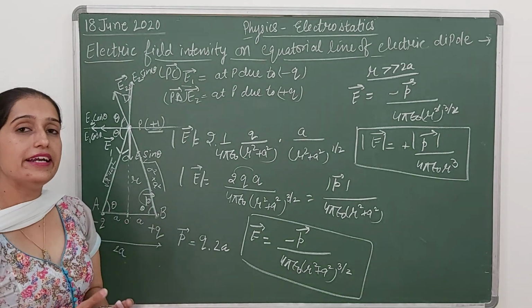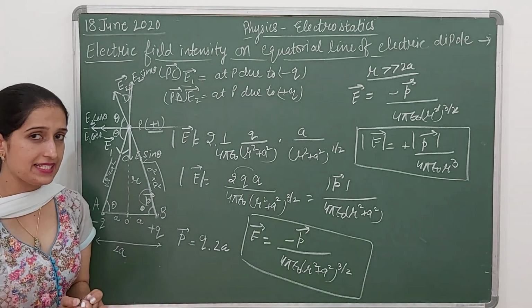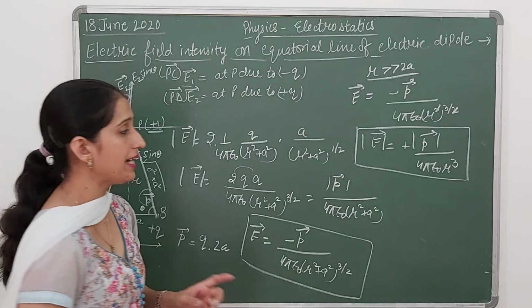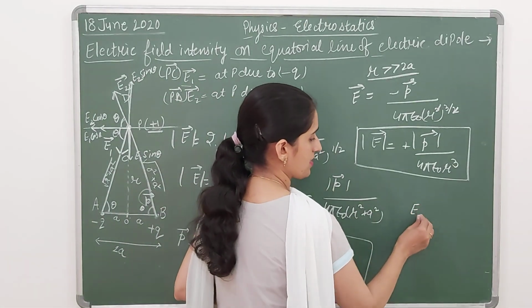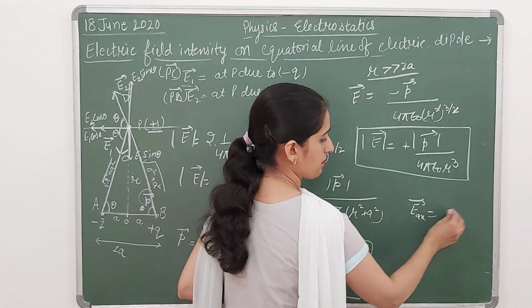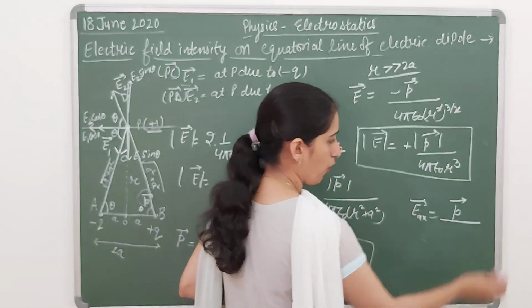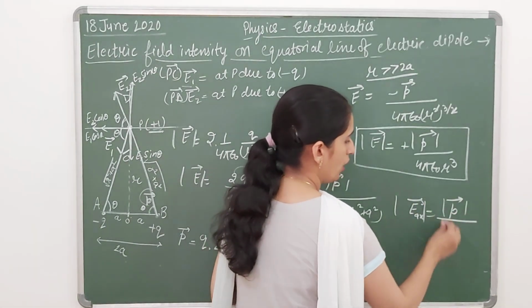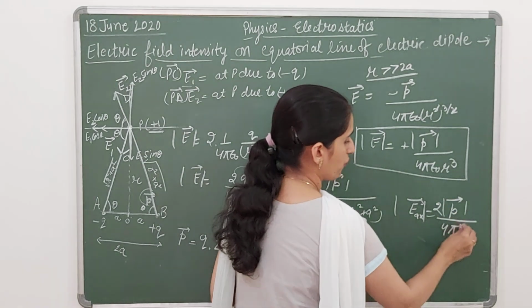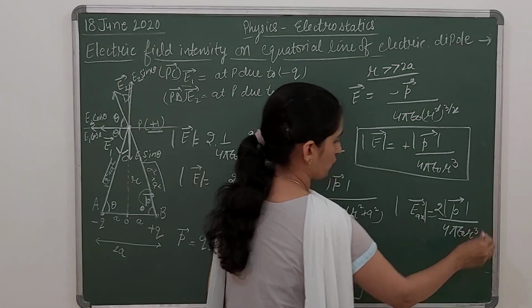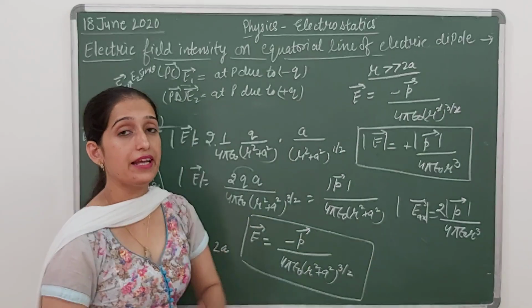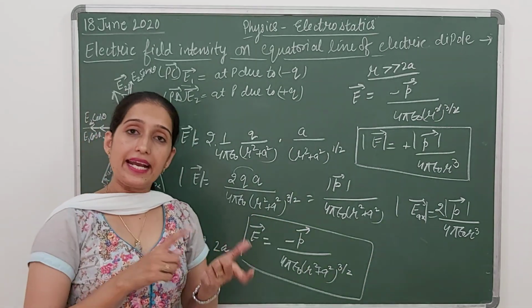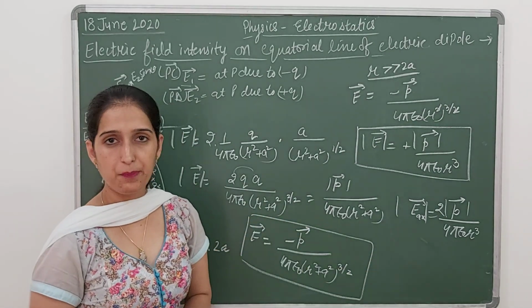We have already done electric field intensity on the axial line, and if you remember that result, E axial was given by, let's talk about its magnitude also, 2 into P upon 4 pi epsilon naught r cube. This was the result of electric field intensity on the axial line of the electric dipole.